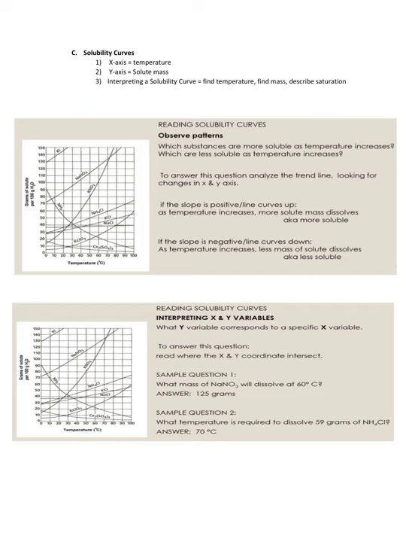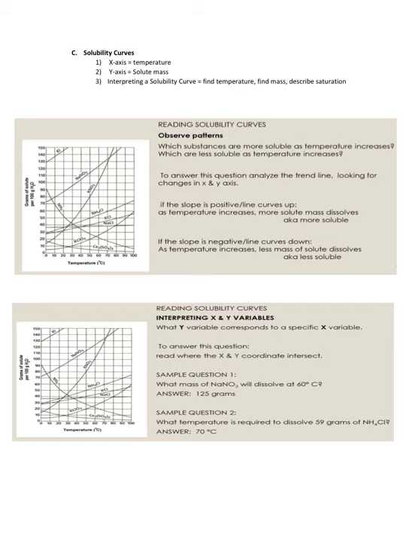All right, today's notes we are going to be talking about solubility curves, also called solubility graphs. We have some nice graphs here that, if you look at all of them, have the same things in common, where the x-axis is always going to be temperature, and the y-axis is always going to have the solute mass.